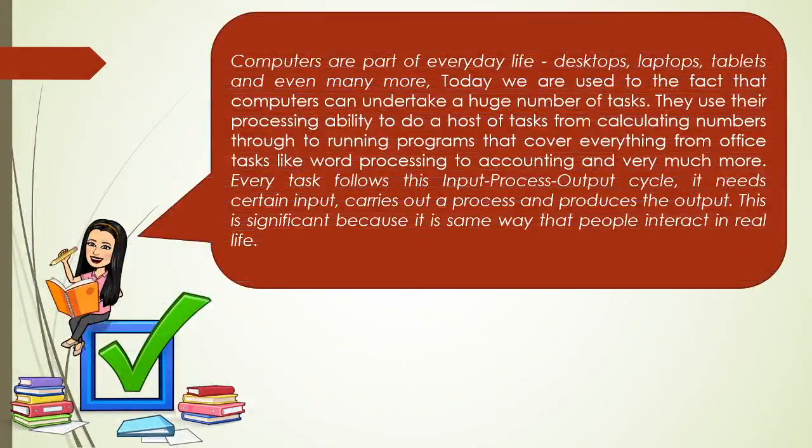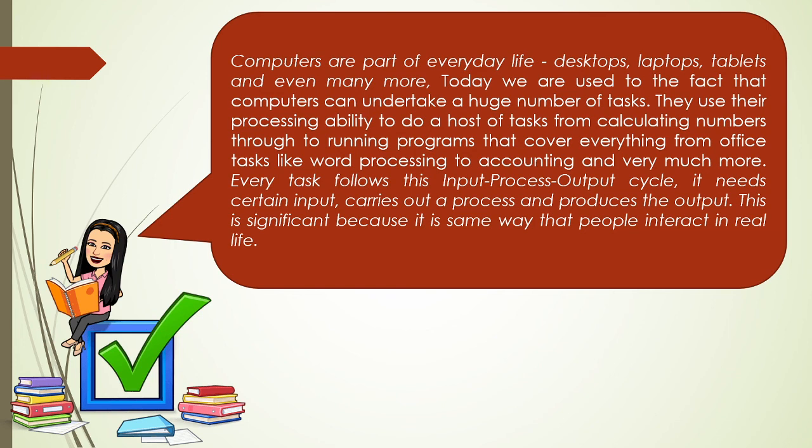Remember, class, computers are part of our everyday life: desktops, laptops, tablets, and many more. Today, we are used to the fact that computers can undertake a huge number of tasks. They use their processing ability to do lots of tasks, from calculating numbers to running programs that cover everything from office tasks like word processing to accounting and very much more.